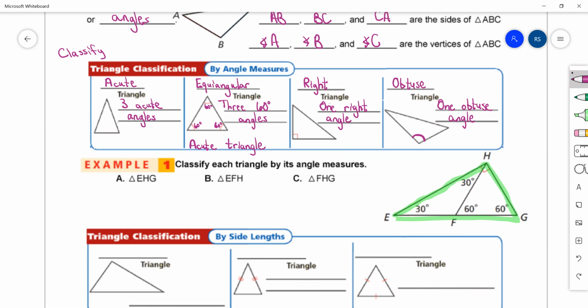Notice here I have this box in the corner. That tells me I have a right angle. So this one has to be a right triangle. Okay.